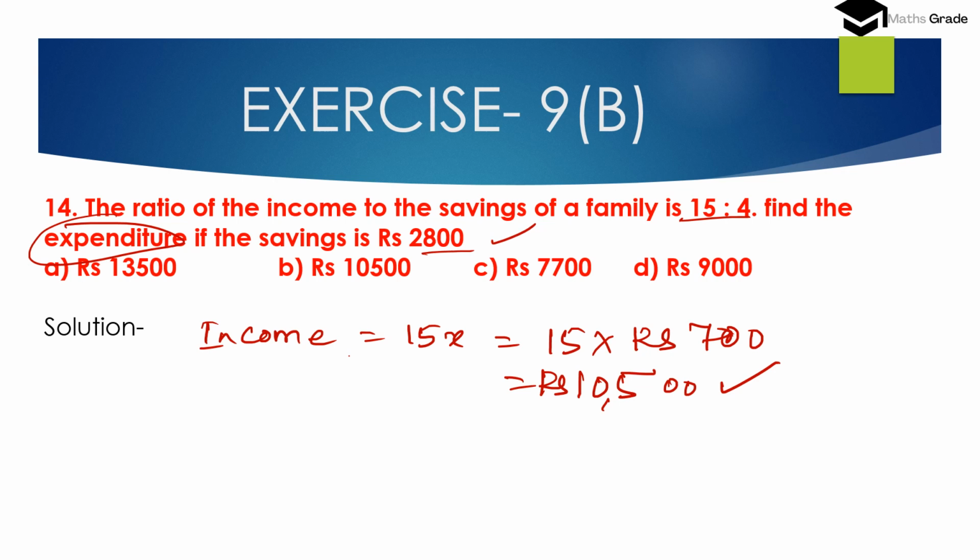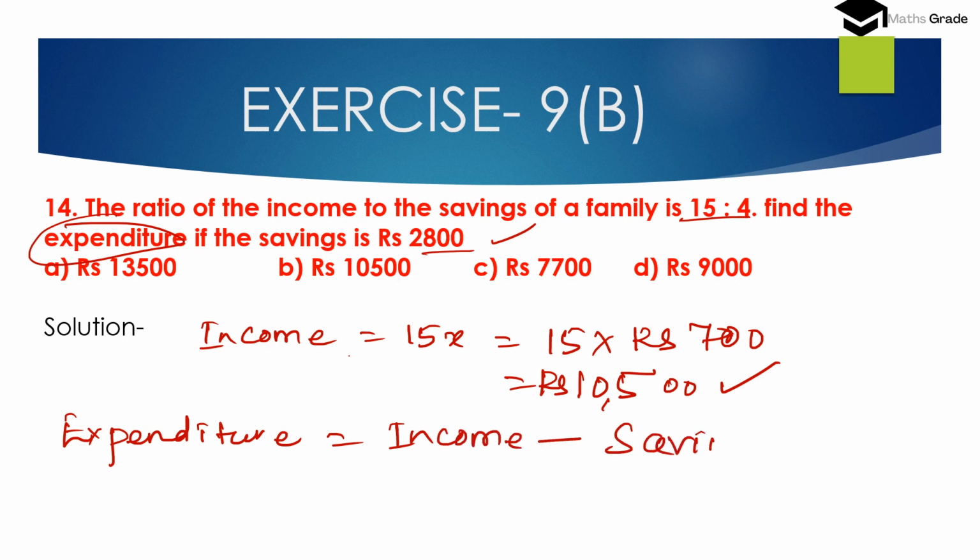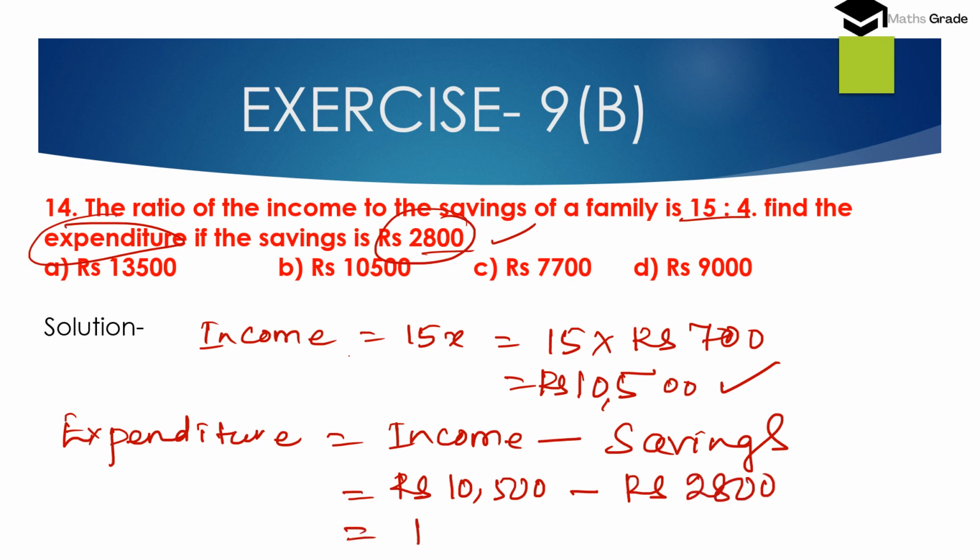So expenditure will be income minus savings, which is 10,500 rupees minus 2,800 rupees, which is equal to 7,700 rupees.